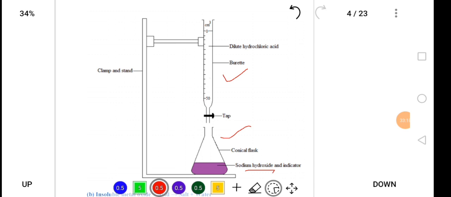When you see the color change, then you are going to close the tap and take the reading of hydrochloric acid used.